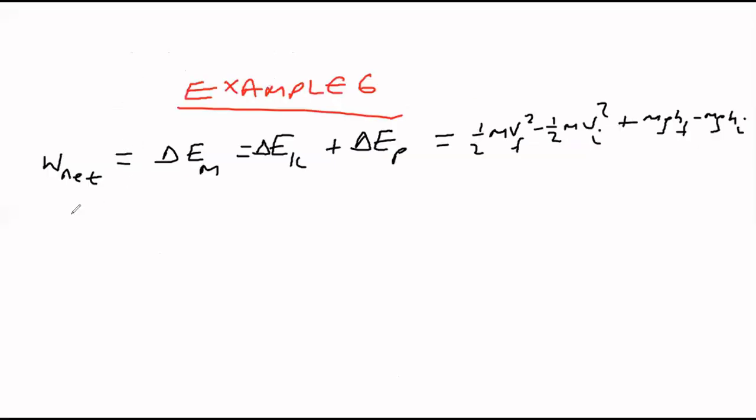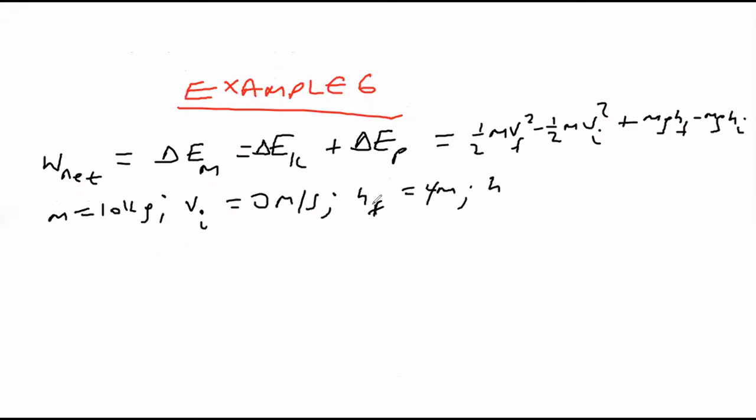So the mass there is 10 kg. What else is given? The initial velocity at A is 0. The height initial is 4 meters, and the height final is 0 at B. So what we don't know is V final.